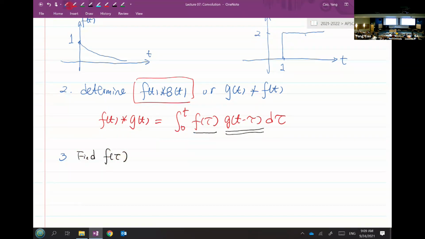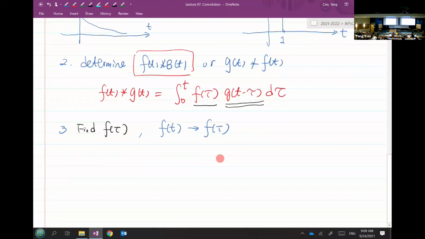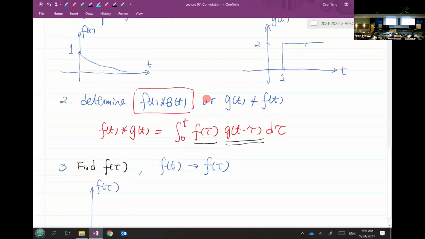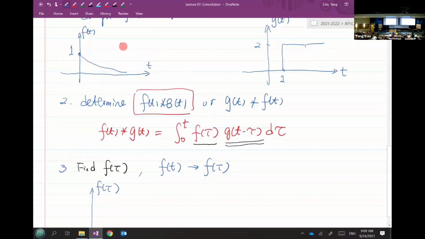How do I find f of tau? That's pretty simple. All I need to do is replace the t with tau. There's actually not much to do. I'm still going to graph this, but now I'm graphing f of tau. What has changed? Really nothing. This graph is f of t.